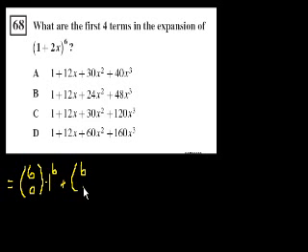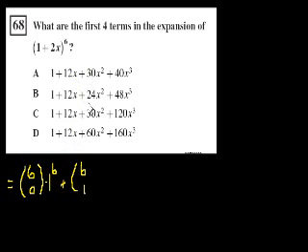So this is going to be equal to 6 choose 0. And we're just going to do the first 4 terms. Times 1 to the 6th times 2x to the 0, so I don't have to write that. Plus 6 choose 1.